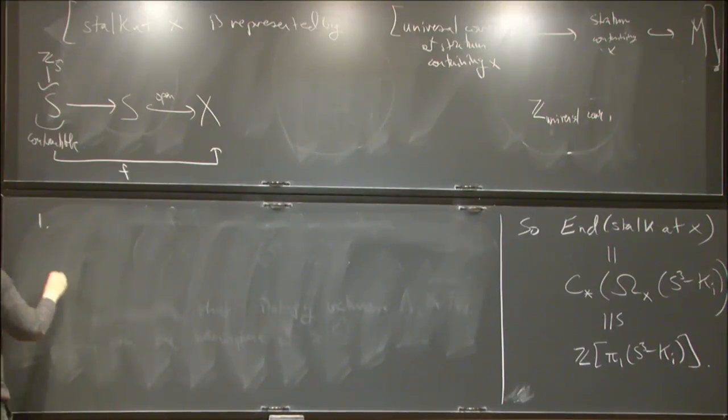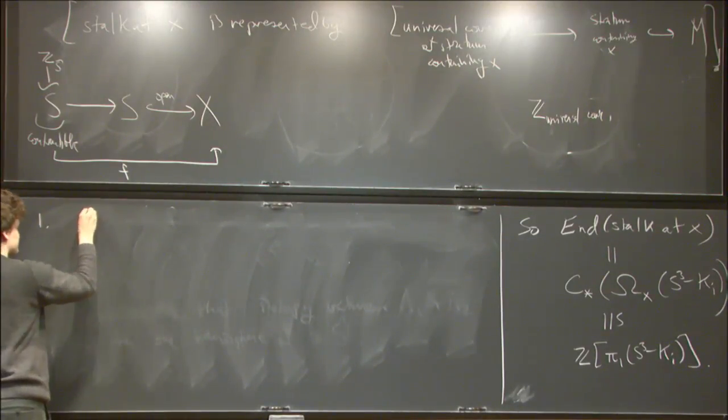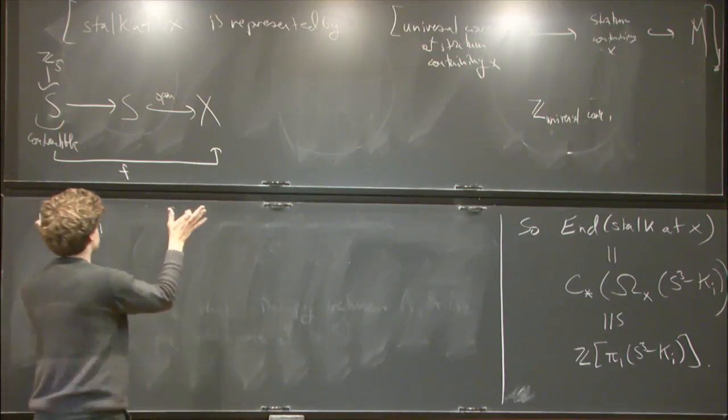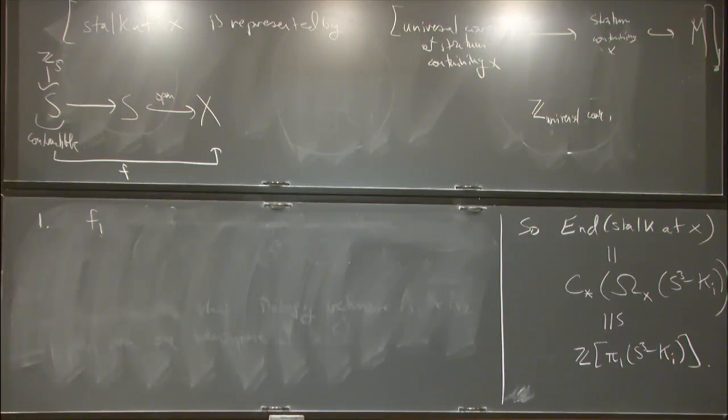Right, so claim one is that X is, well, I guess I call it M. It's S3, and S is the complement of a knot.